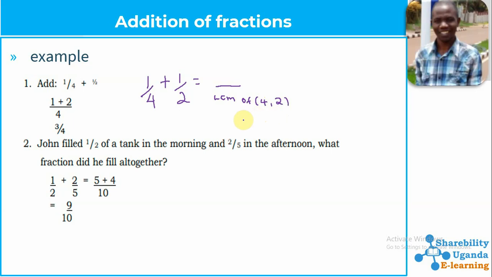We first look out for this LCM. Or you can also get the common factor that can divide the 4 and the 2. So let's get the LCM, and we see the LCM is 8.